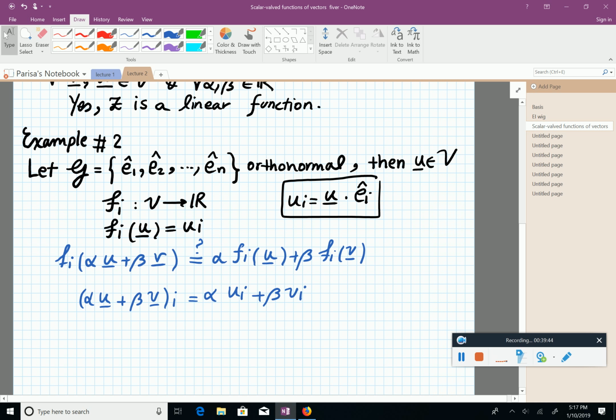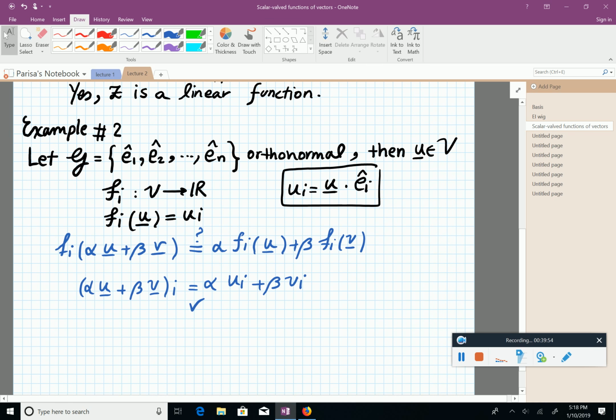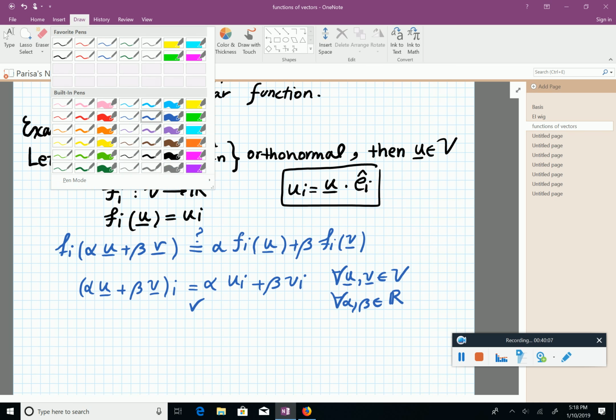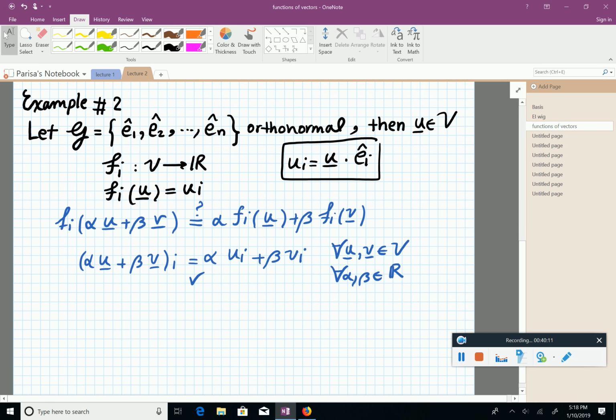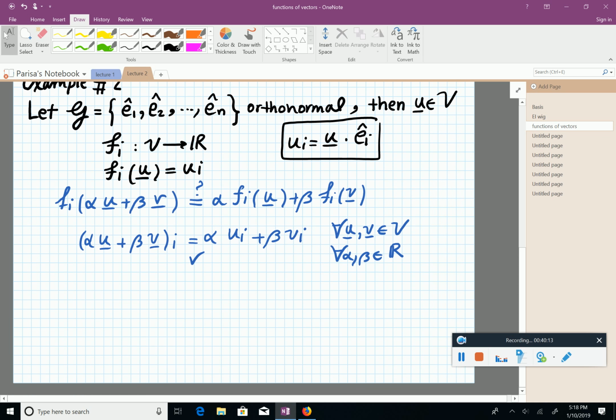You may have used the dot product to convince yourself, but however you do it, it's very easy to see that this holds. And important is that this holds for every U and V and every alpha and beta. You can use the dot product, and just to save time, I'm skipping that part.